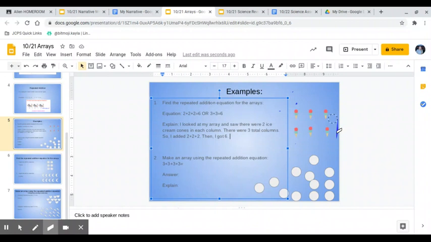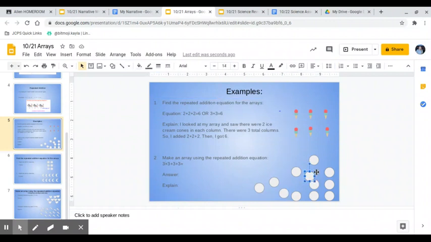Now, the next example is going to be making your own array using their equation. So, their repeated addition equation says 3 plus 3 plus 3 plus 3. Okay. I know this means I need 3 in each row or 3 in each column. I'm going to do it like this. I'm going to put 3 in each column.